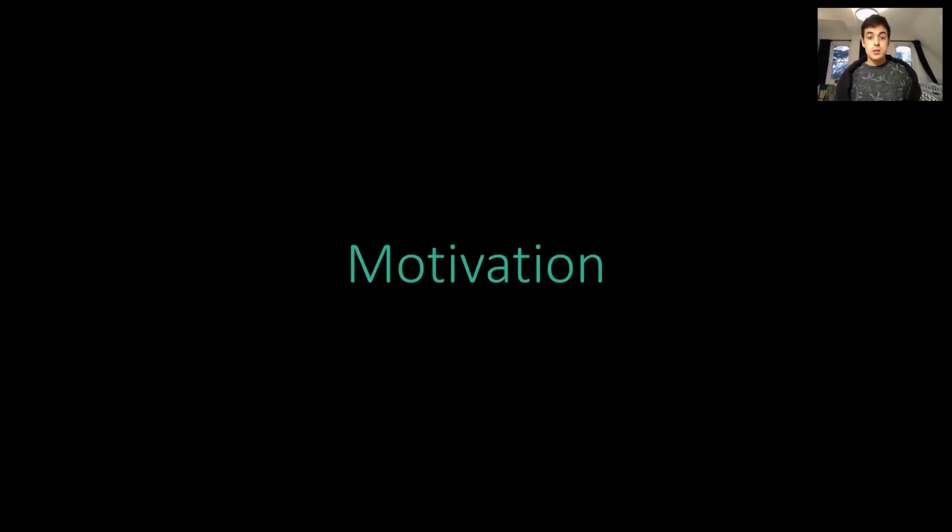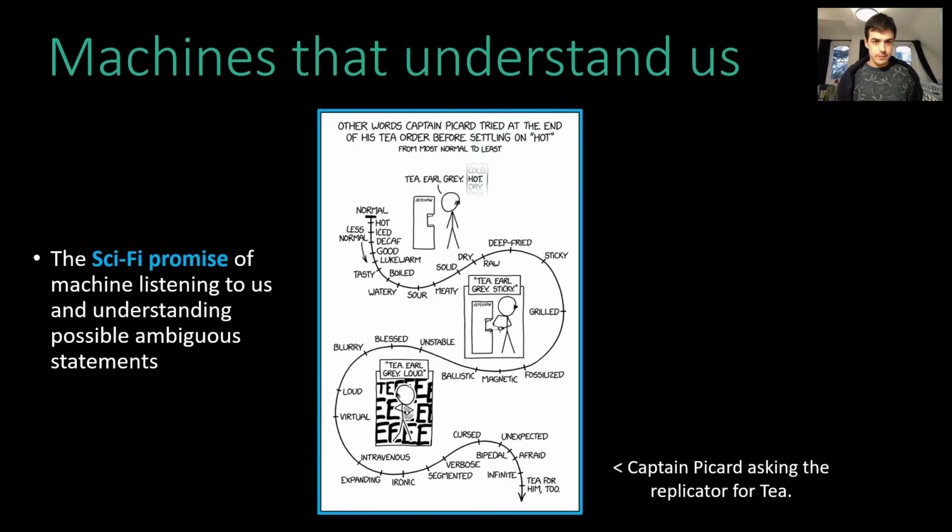Okay, so let's start with the motivation. Why do we even care about this topic? The overall idea is that we want machines that understand us. This is the sci-fi promise of speaking to an AI, and the AI can get what we mean, even if the commands are not super clear, even if there are some ambiguous sentences.